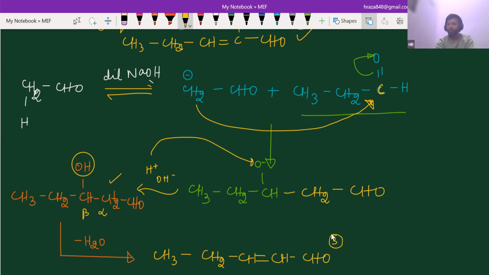How are you going to make the third product? Just take one of them and make it a nucleophile and the other an electrophile. And for the fourth, the opposite: you are going to make this the nucleophile and this the electrophile. So first write it and then I will explain.